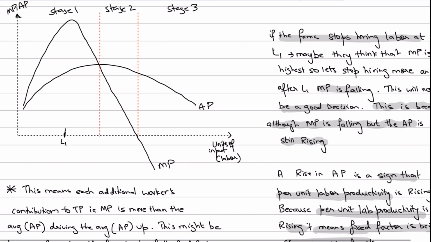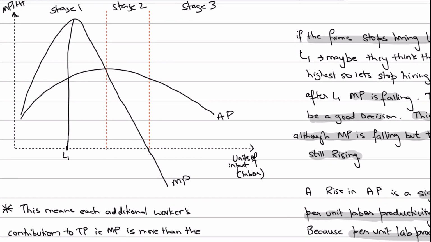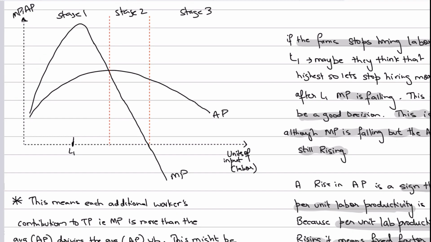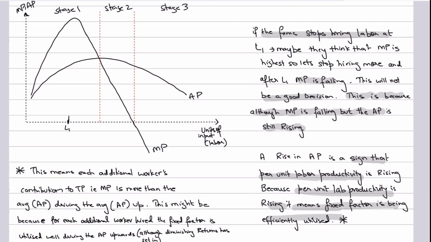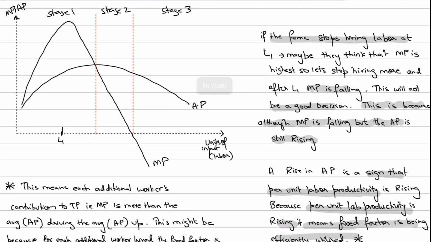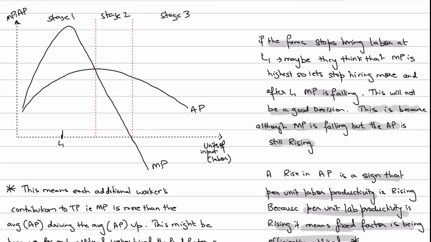Beyond L1, your average product is still rising, which means you have more scope to utilize your fixed factors in a much more efficient way, because at L1 you're definitely underutilizing your fixed factors.